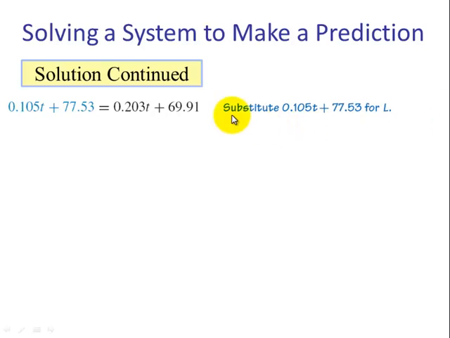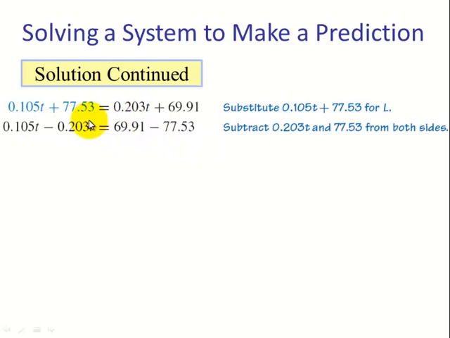The next step, since we have t values on both sides of the equal sign, I'm going to subtract 0.203 t from both sides, and then I'm going to subtract 77.53 from both sides. So we combine like terms on the left hand side and on the right hand side. We get negative 0.098 t equals negative 7.62.